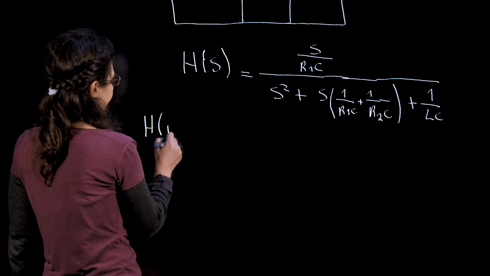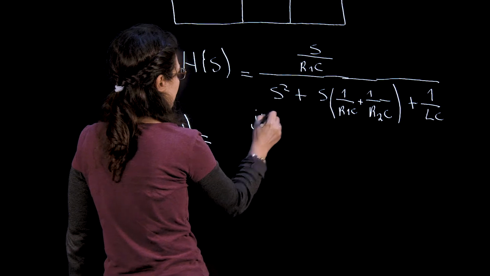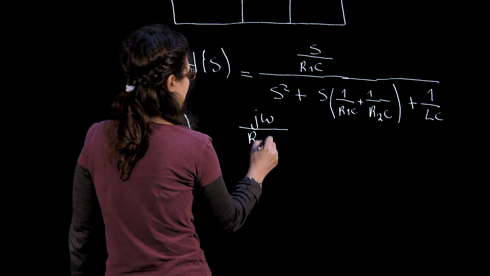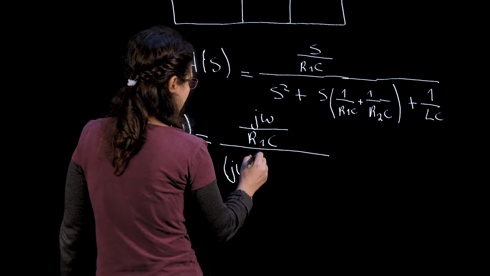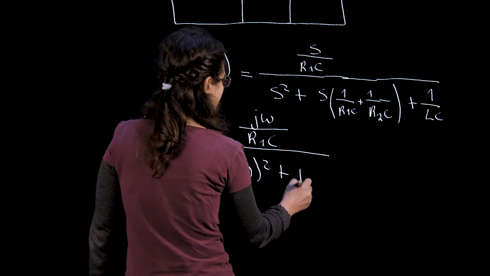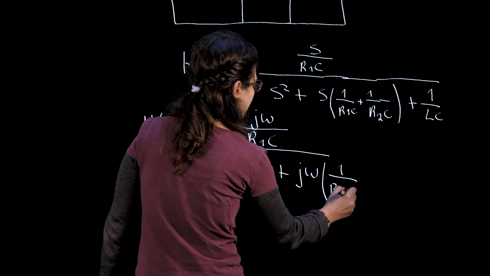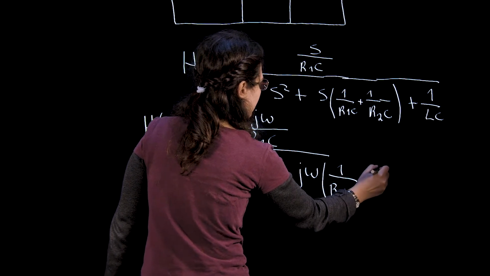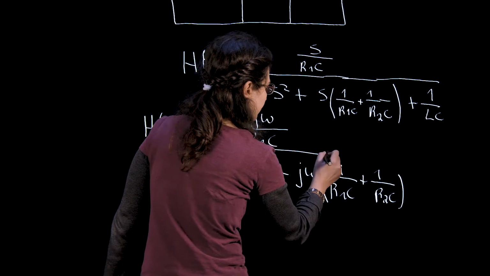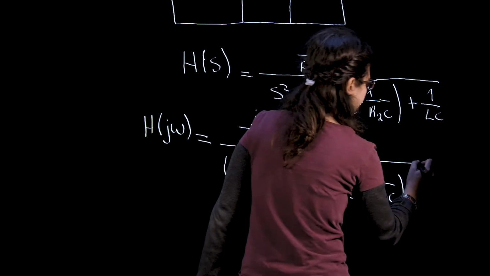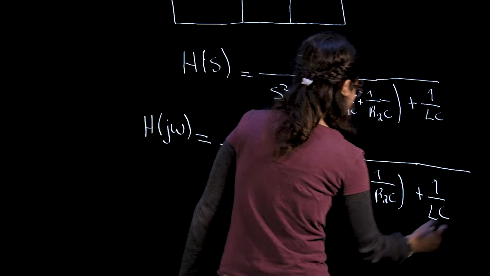So my transfer function will become j omega over R1C over j omega squared plus j omega times 1 over R1C plus 1 over R2C plus 1 over LC.